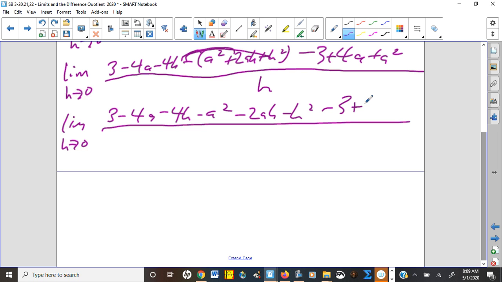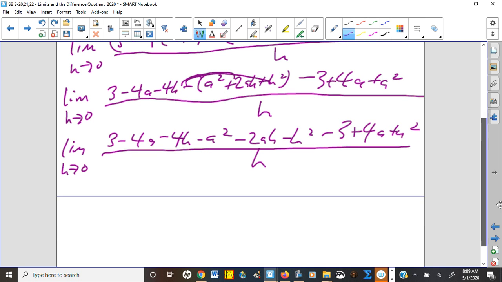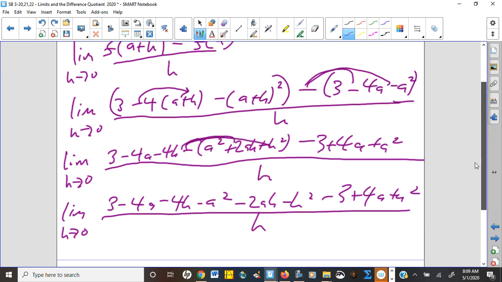Minus 3 plus 4a plus a squared. So how many steps was that? That was kind of algebraic tedium. Well, 1, 2, really. I mean, this step right here wasn't too bad because really we were just plugging the things in. But these two steps kind of stink. I'm not going to try to pretend that you're having fun with those two steps.